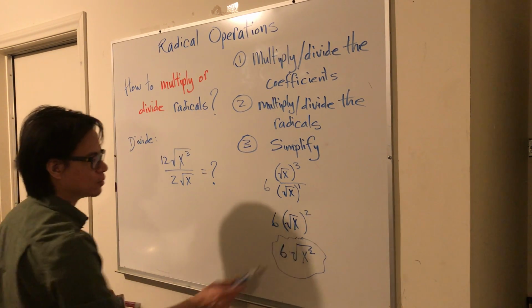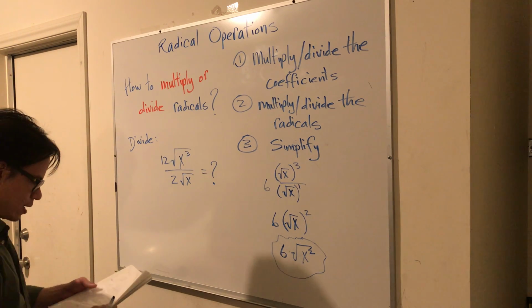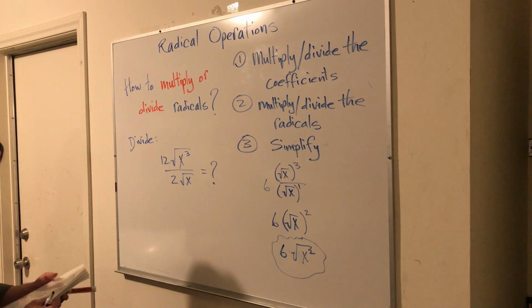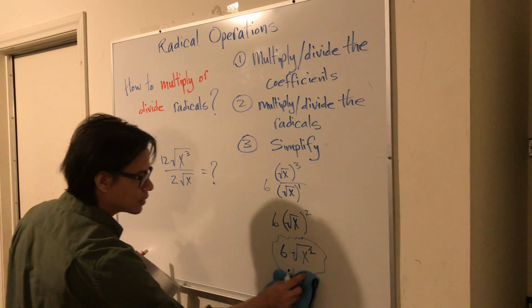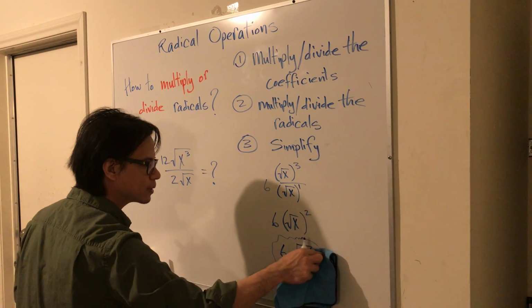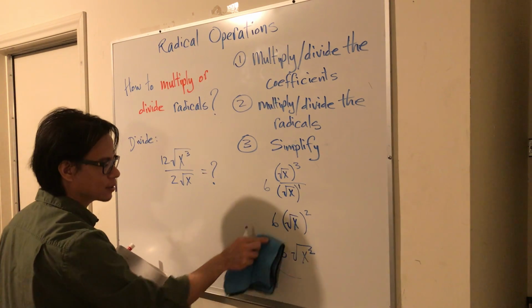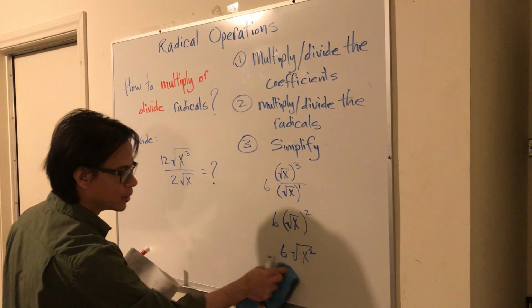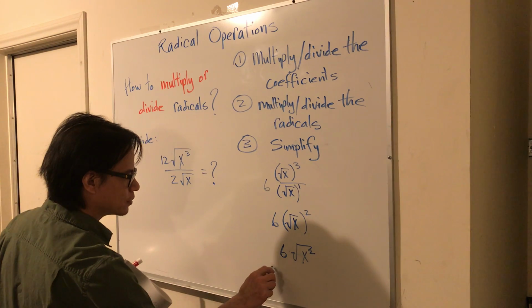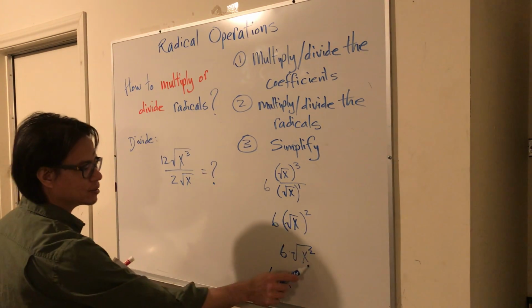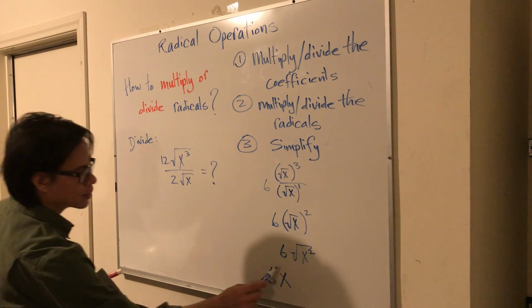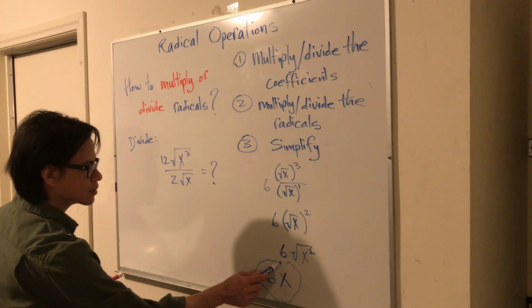Now this might take a while to get used to, but you get a hang of it. And really, you can take this down one more step. What times itself will give you x squared? If you say x, you are correct. Because x times x is x squared, right? So really, this should be our final answer here, 6x.